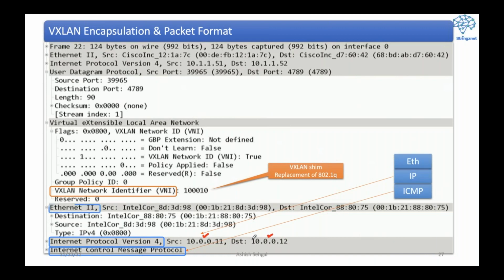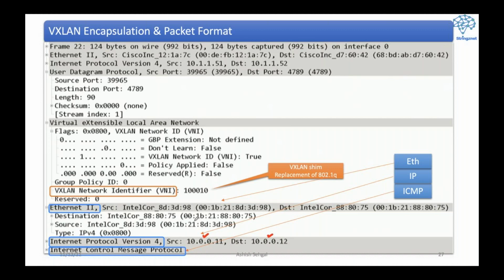Then comes your Ethernet header, a layer 2 header, which has the source MAC address and the destination MAC address. Whenever we execute any traffic, we have the application, our source IP, our source MAC, destination IP, and destination MAC.